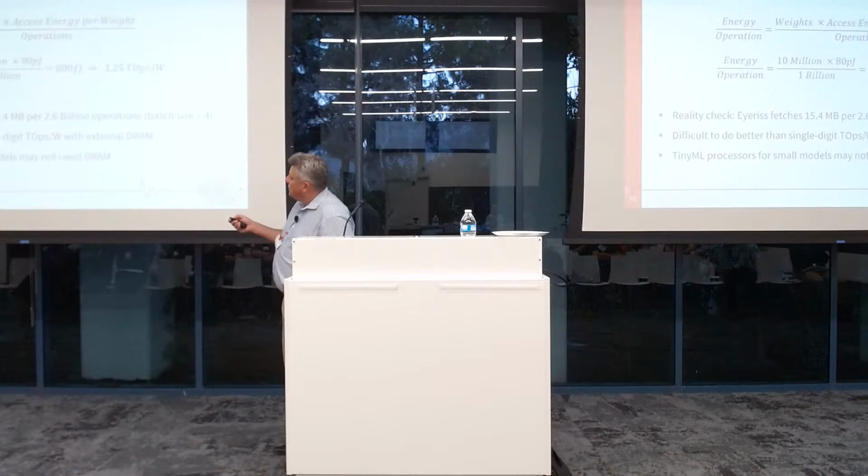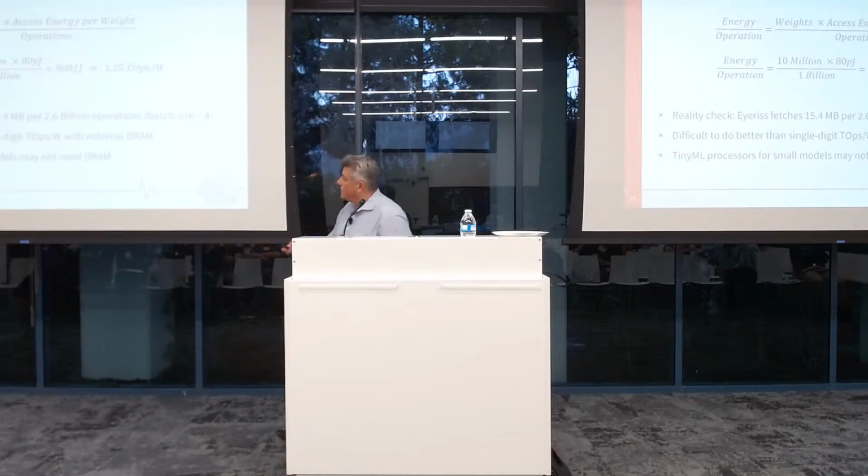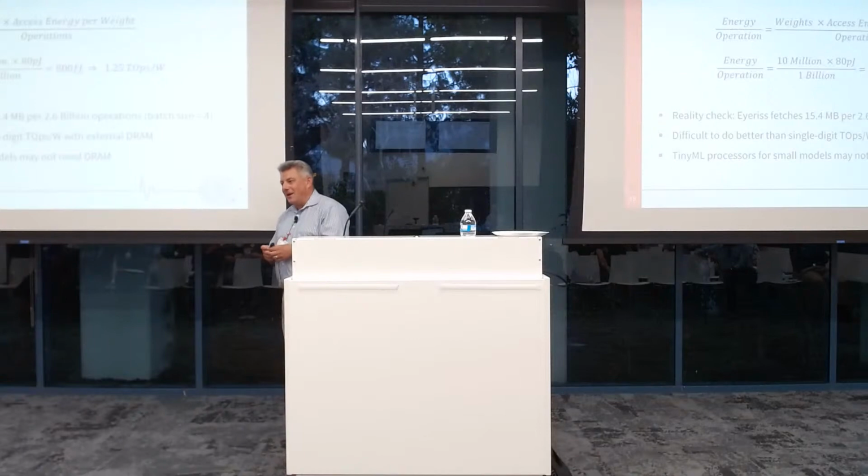If I need to fetch 10 million weights to do 1 billion operations, and I expend 8 picojoules to fetch a bit, right? 80 to fetch a byte, 10 per bit, I'm at 800 femtojoules, which means 1.25 TOPS per watt. So it's good that we have reuse, and it gives us 1,000x in amortizing DRAM, but this doesn't look like it's going to revolutionize the planet.